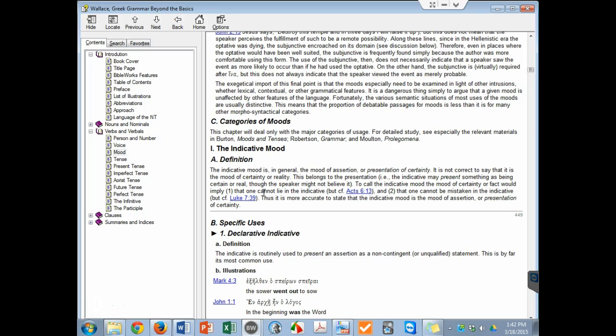Did you have any questions about the specific indicative mood uses, whether declarative, interrogative, conditional, potential, cohortative? It talks about classes of conditions. So classes of conditions are just names given to certain constructions.